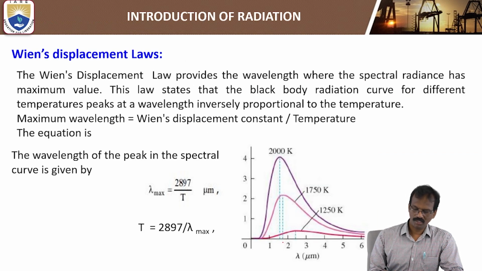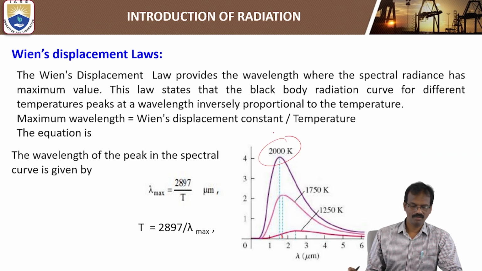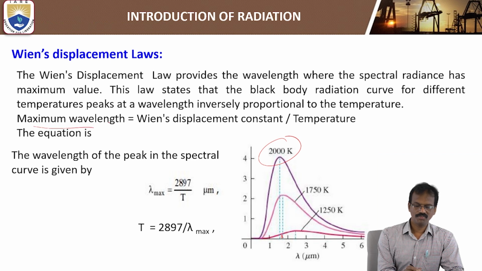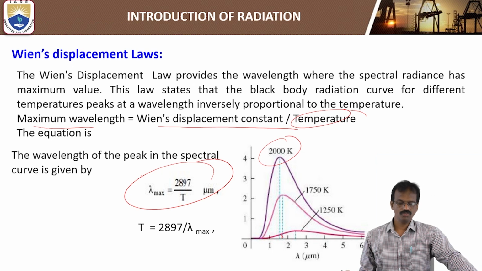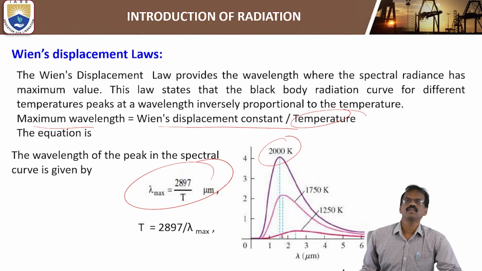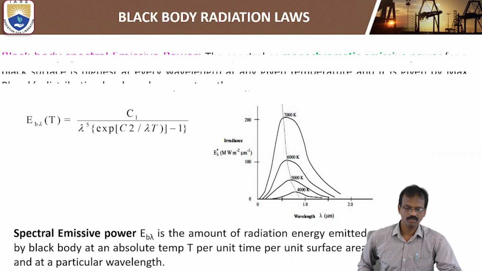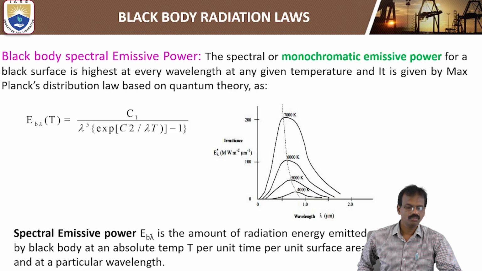It means at a particular wavelength, the emissive power will reach its maximum. So the maximum wavelength is the Wien's displacement constant divided by temperature. So lambda max is equal to 2897 divided by temperature, absolute temperature.